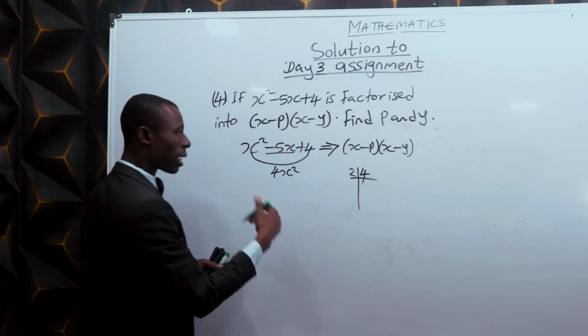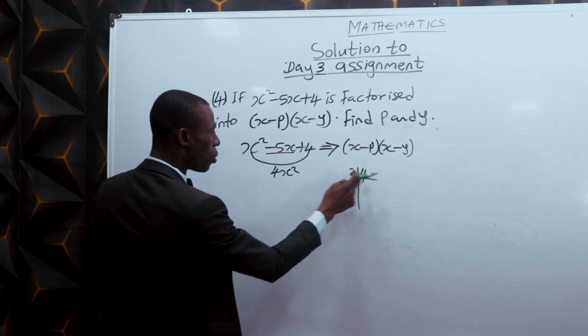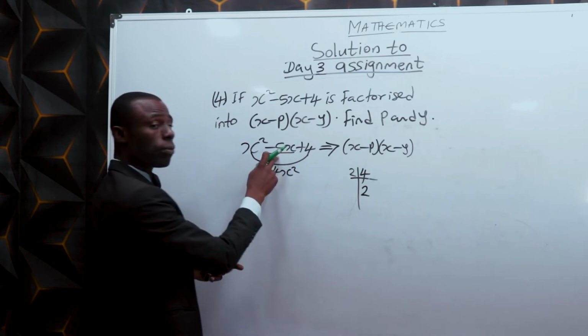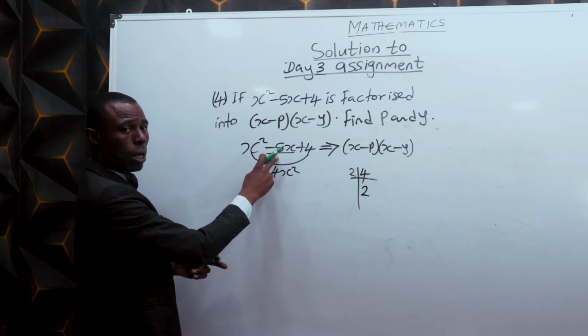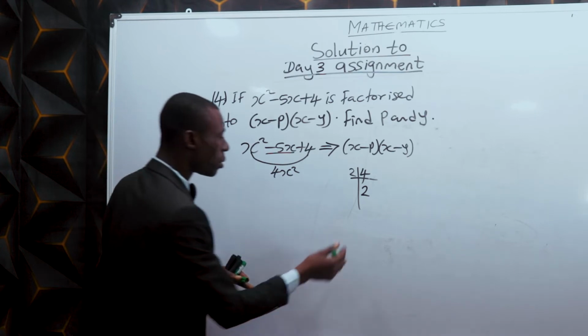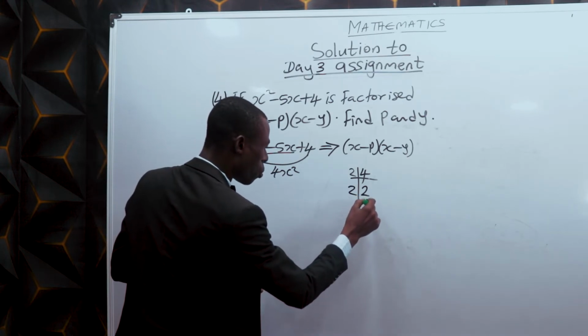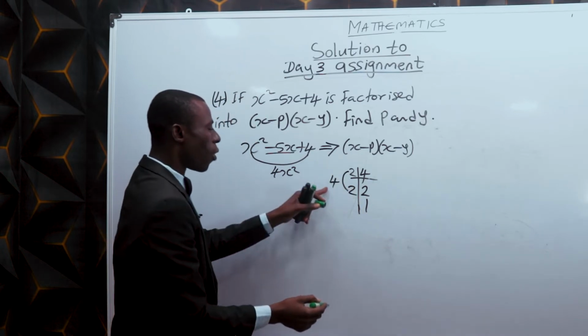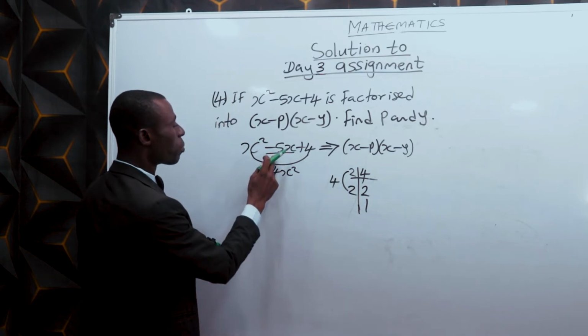From that, let's bring out the two factors we want to use. 2 in 4 is 2. Can we use 2 and 2 to achieve minus 5? It's not possible, whether by subtraction or by addition. 2 in 2, 1. So we bring this together to be 4. Can we use 4 and 1 to give us minus 5?